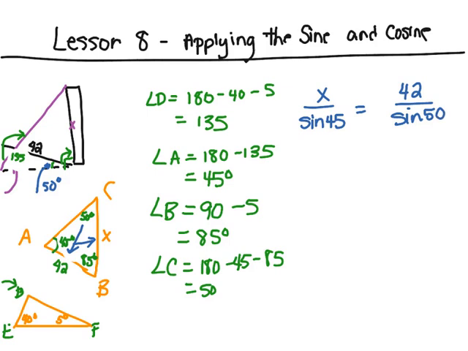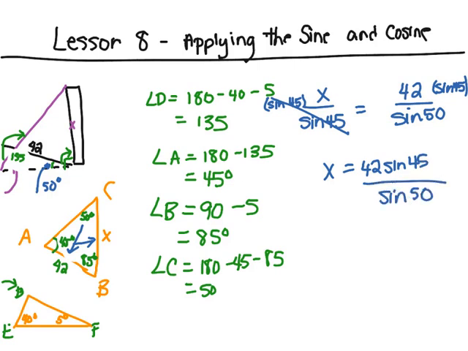We're going to cross multiply, so times both sides by sine 45. These will cancel. So we have x is equal to 42 sine 45 divided by sine of 50. Type that all into your calculator and you should get 38.8 meters.